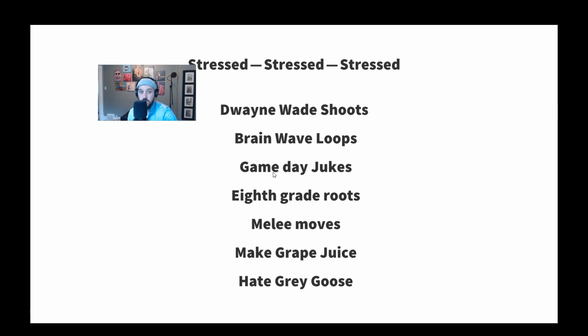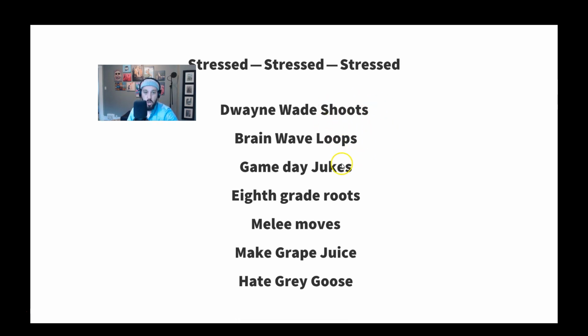Dwayne Wade shoots. Now you can go through and find each particular rhyme for like Dwayne and brain and game if you want to, but know that at the start of the rhyme, it's not as important to be perfect. So you could use words like Dwayne and 8 or may or make or hate, right?